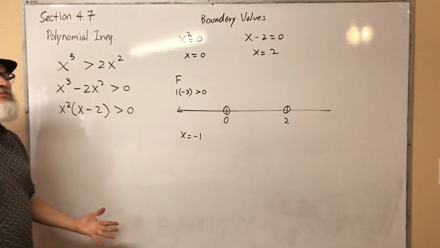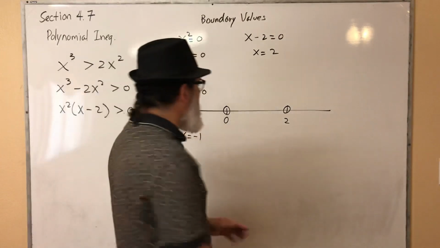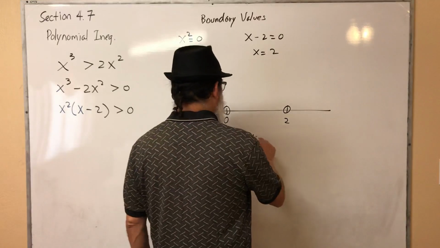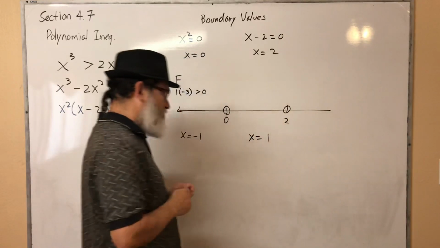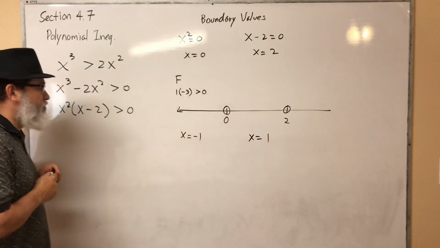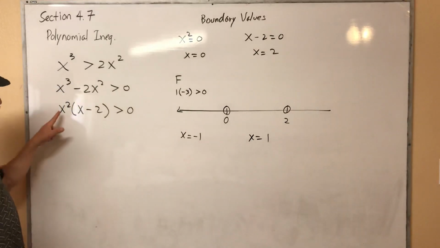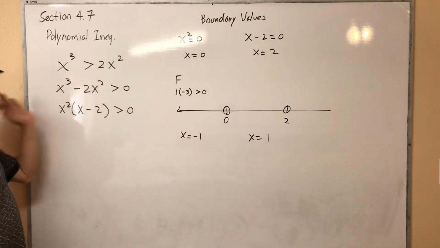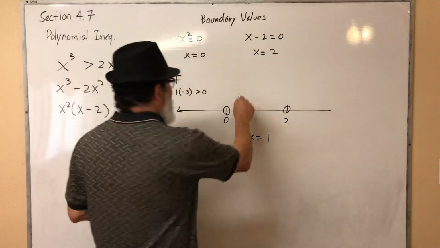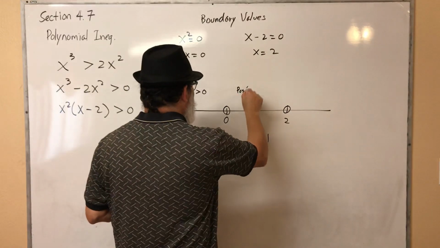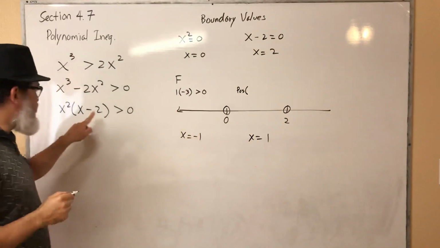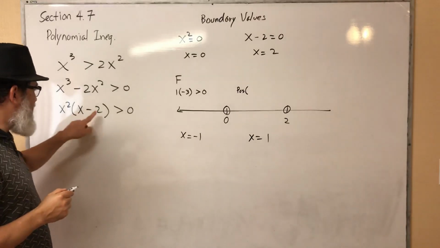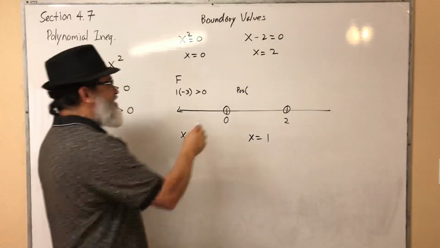that's false. What should I try here? Try x equals 1. Try that region. 1 squared is 1. Positive. 1 minus 2 is negative.